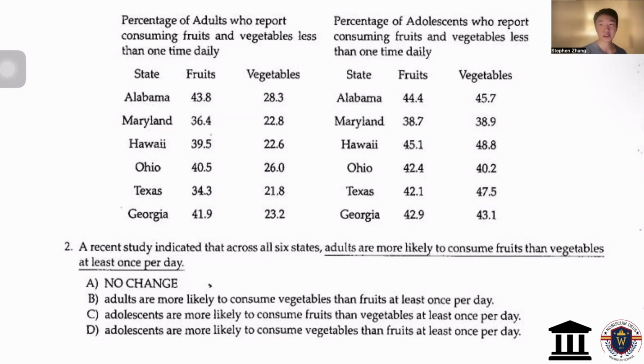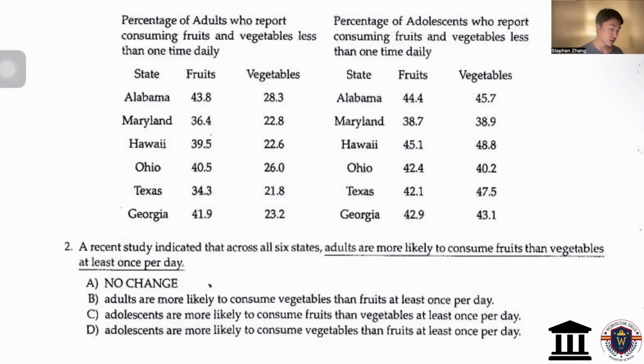So in interpreting these two tables, we can determine that if the number below one of the columns, either fruits or vegetables, is lower than the other column, then that means that adults are more likely to consume that column.